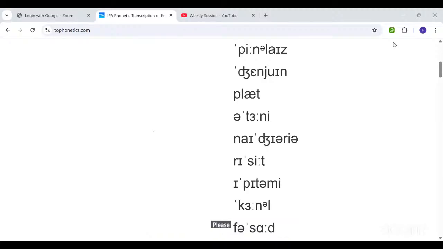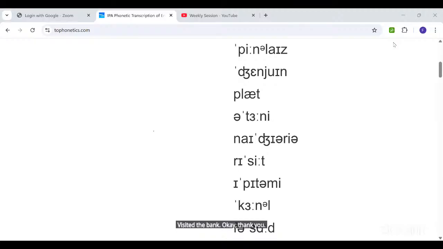Please make a sentence with one of them. The Attorney General visited the camp. Please say the sentence again. The Attorney General visited the camp. Okay, thank you.